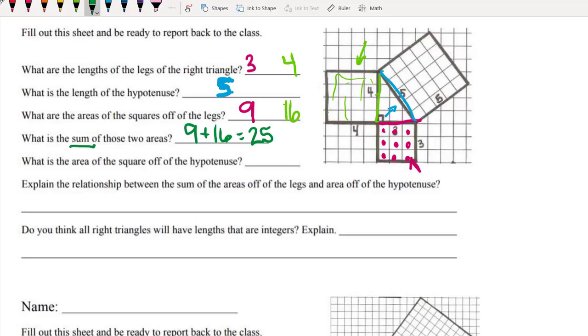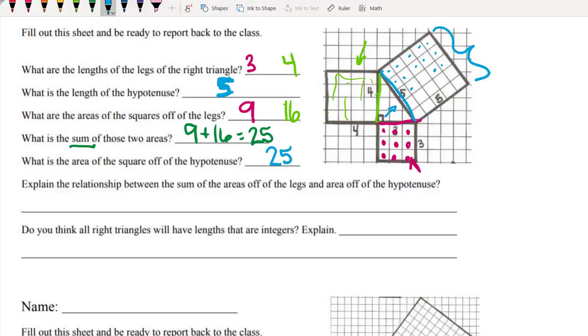Next question says, what is the area of the square off of the hypotenuse? Taking this one, if I count all the squares, or if I say 5 times 5 for the area of this square, it would be 25.